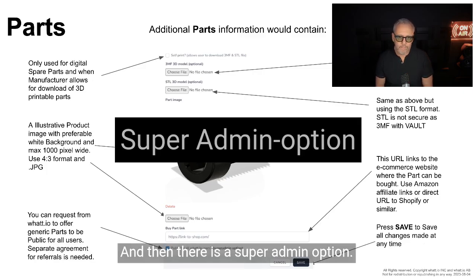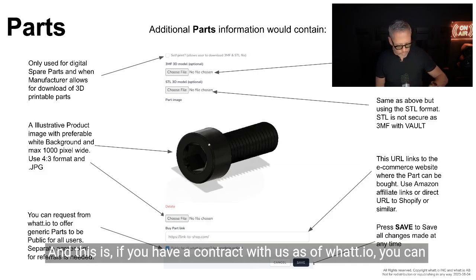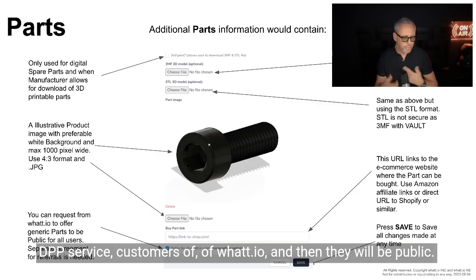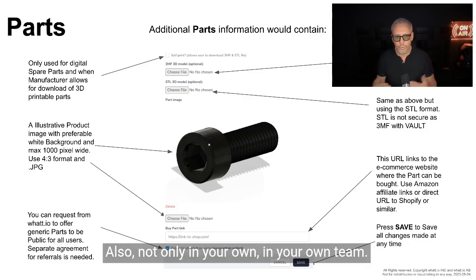And then there is a super admin option. This is if you have a contract with us at What.io, you can actually upload your parts and make them available for all other DPP service customers of What.io. And then they will be public. So they will be visible for everybody else also, not only in your own team.